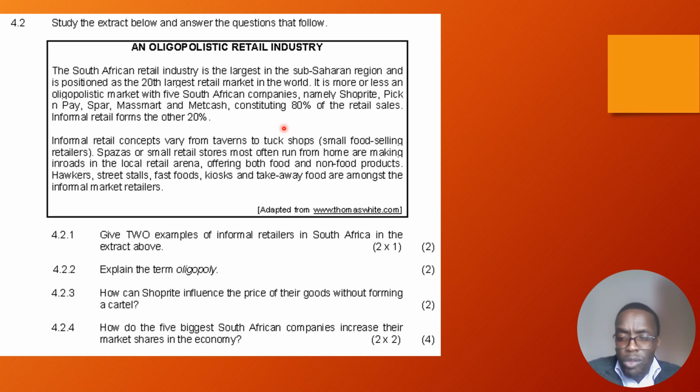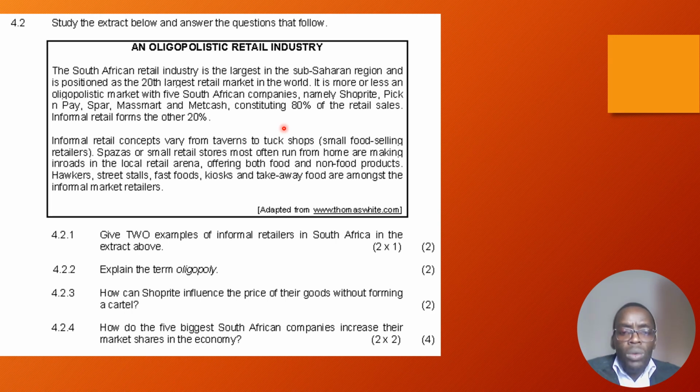We are saying about 5 companies control 80% of the market. That shows that in that particular industry, these 5 companies tend to have stronger power over the prices that prevail in the market. Even on the output that is going to be produced in the market, they tend to have more power than the other small traders.